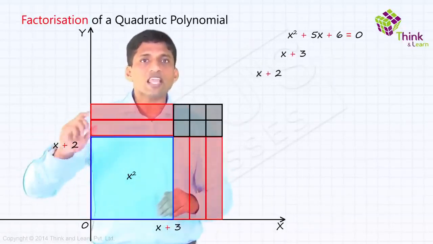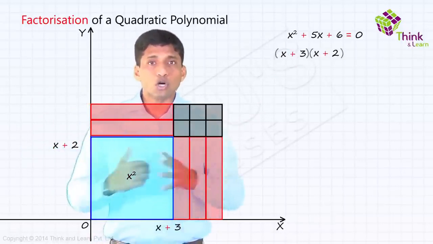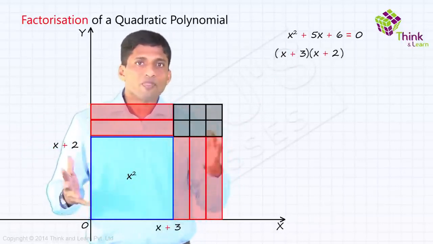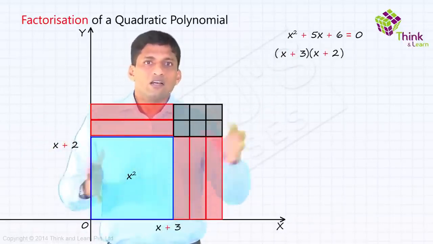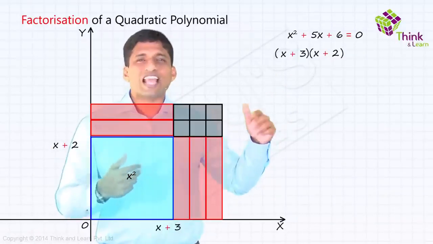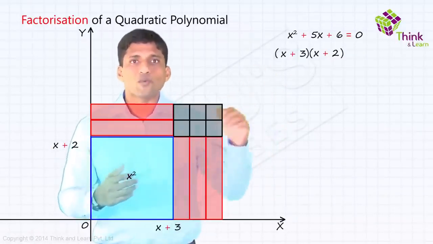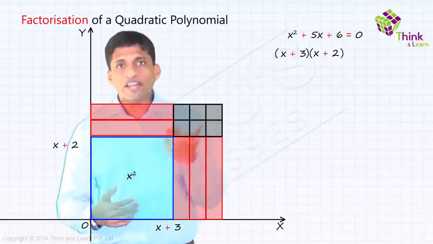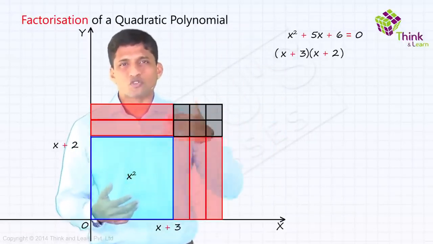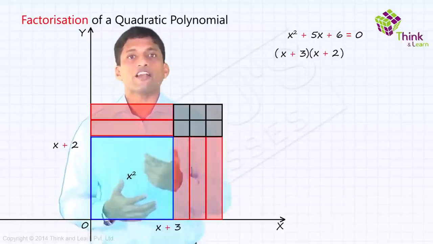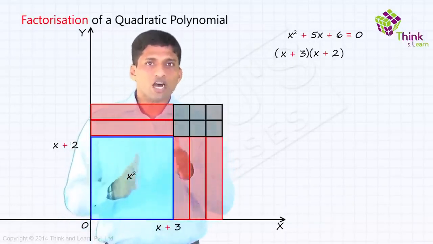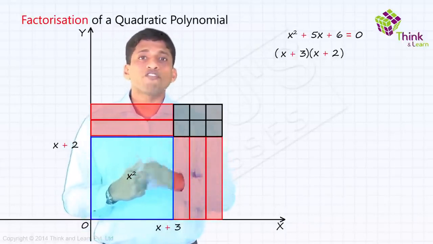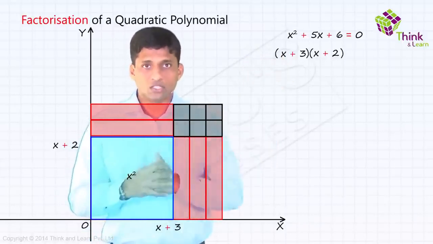Length is x plus 3 and breadth is x plus 2. So it's a very interesting way to connect a method which otherwise can be very boring or monotonous when it comes to just factorizing the way we've been using numbers before. But when you visualize, I am very sure it's very intuitive, interesting and easy. So we just visualized factorization of x square plus 5x plus 6.